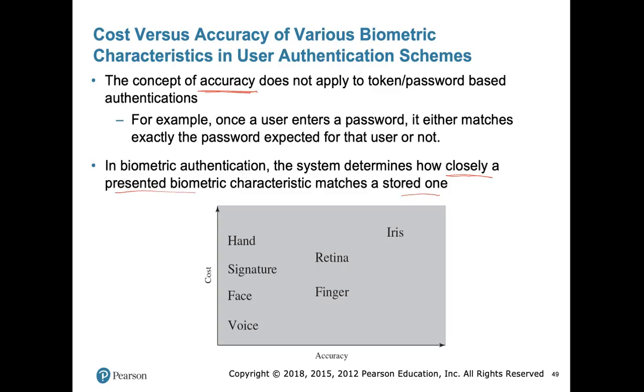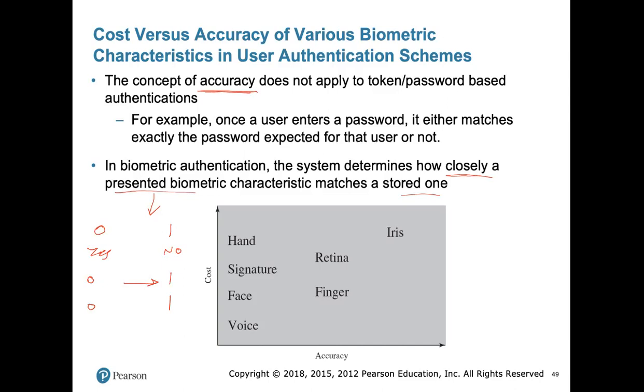This, of course, is the result of a pattern recognition task, and it gives us a number, and that number is not only 0 and 1, unlike password and token-based authentication, which say 0 or 1, true or false, yes or no. Here we say something between 0 and 1. 0 means that they are definitely two different things, and 1 means that they are exactly the same thing.